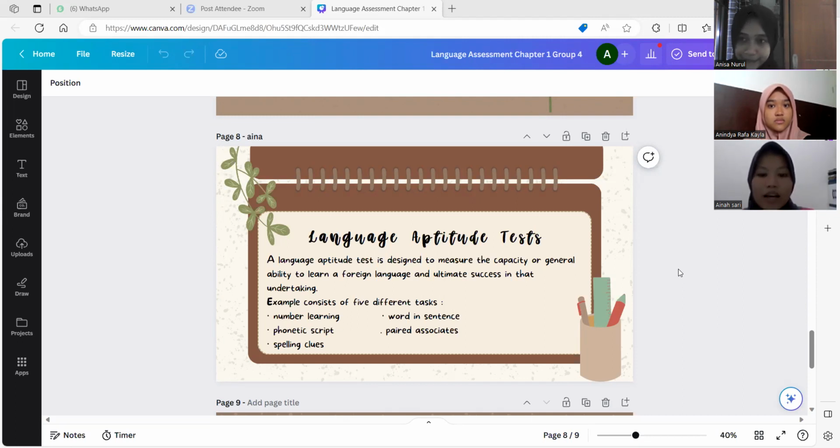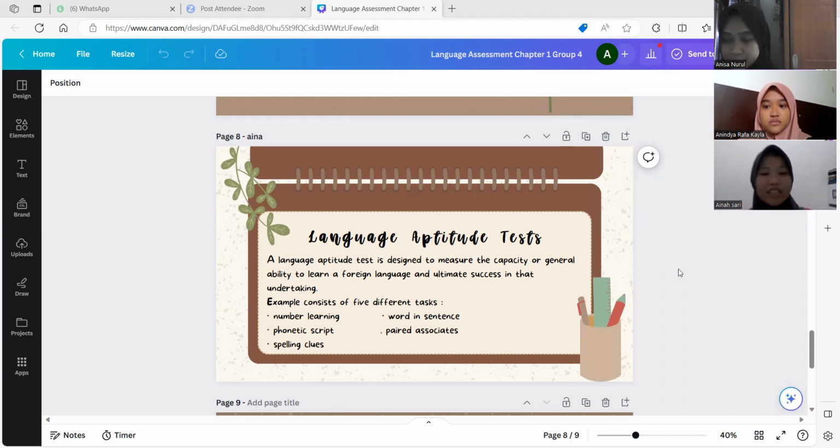The MLAT, for example, consists of 5 different tests. In the Modern Language Aptitude Test, there are 5. The first is number learning, the second is phonetic script, and the third is spelling clues. The fourth is words in sentences, and the fifth is paired associates.